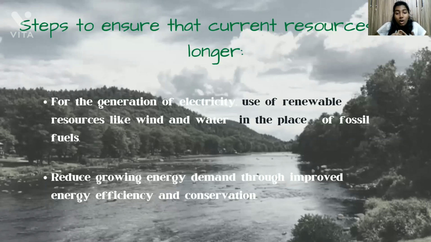And usage of recycled materials instead of plastic; reducing the growing energy demand through improved energy efficiency and conservation; doing research, and developing and deploying a broad range of energy sources, both domestic and international, to work with the global markets to help meet the future energy demands.